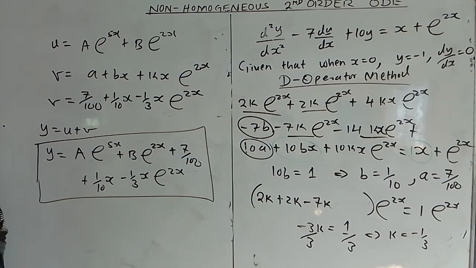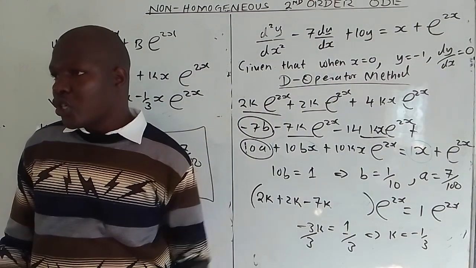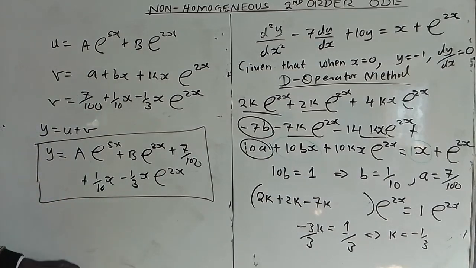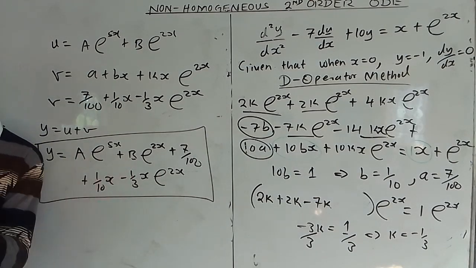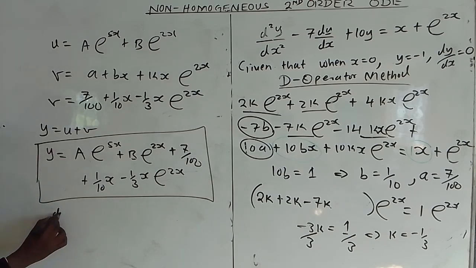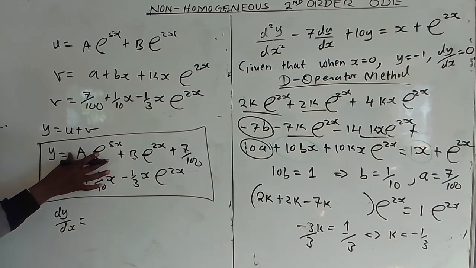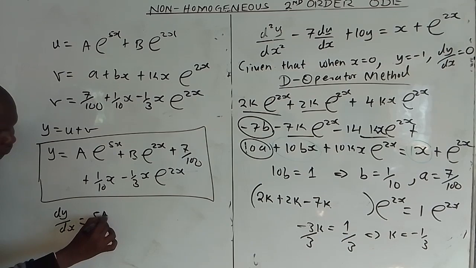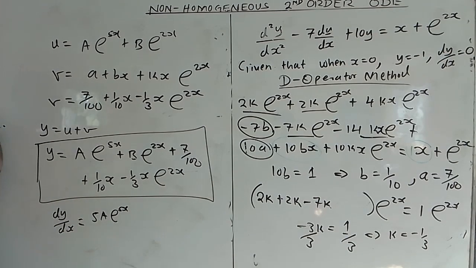But we don't need the general solution, we have the boundary conditions, isn't it? Those boundary conditions are going to help us to get the values of A and B, isn't it? So start by differentiating this equation. If you differentiate, dy over dx is what? If you differentiate A exponential 5x, 5a exponential 5x, isn't it?